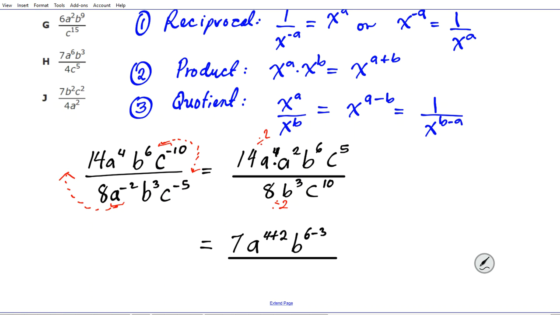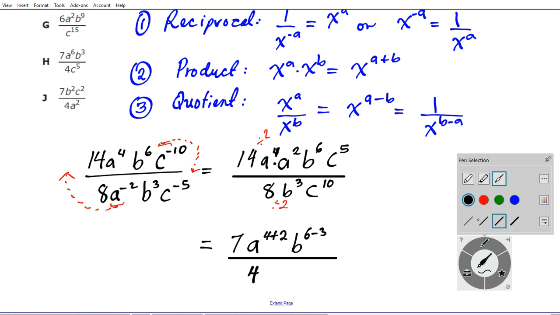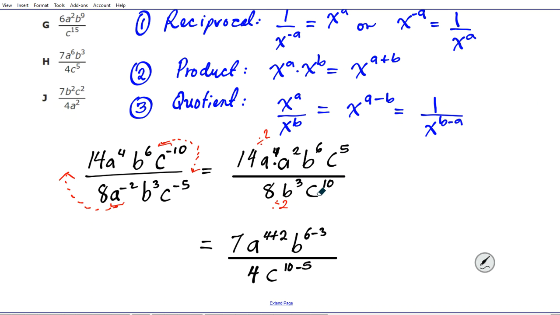We are going to apply the quotient rule there again. But if we come down here, 8 divided by 2 is 4. The c in the denominator has a bigger power, so we're going to subtract the numerator power from the denominator power. Applying the quotient property to dividing these two, we're using this approach right here.